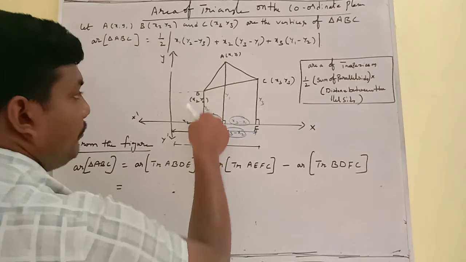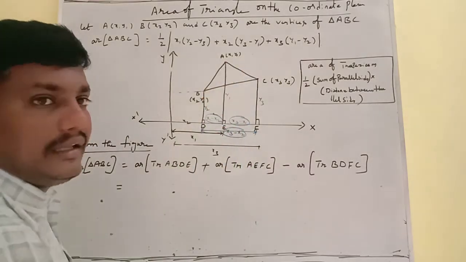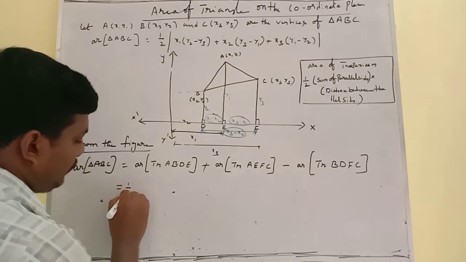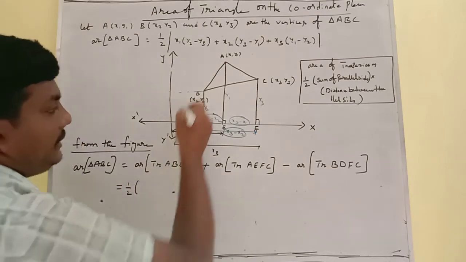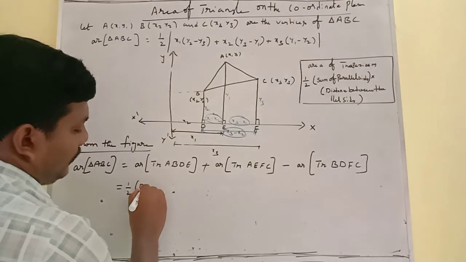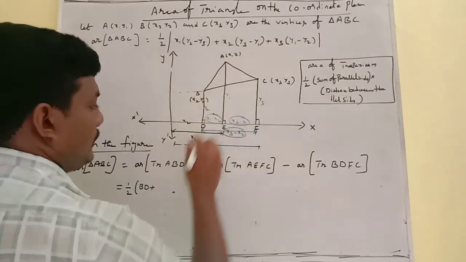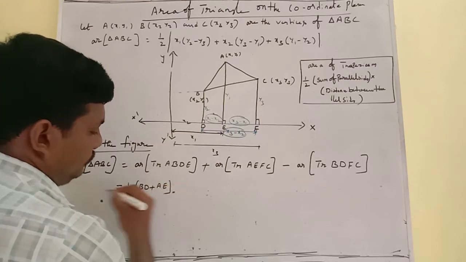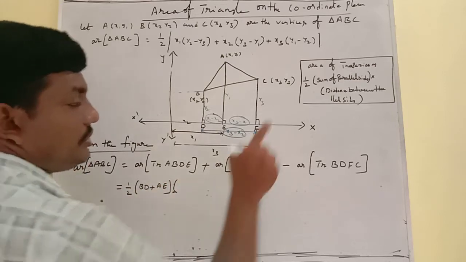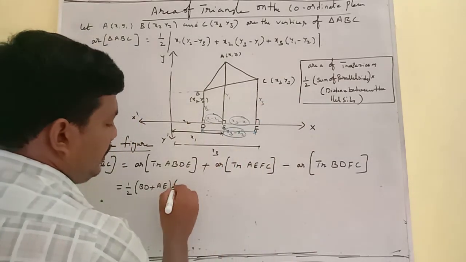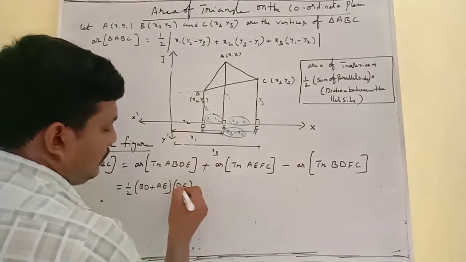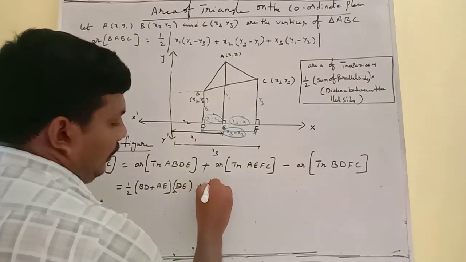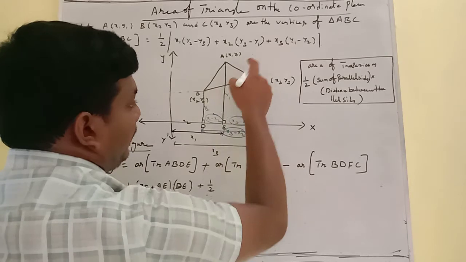So half into sum of the parallel sides BD plus AE into distance between the parallel sides. What is the distance between DE? This is DE distance. So now plus half into, what is the sum of the parallel sides here?